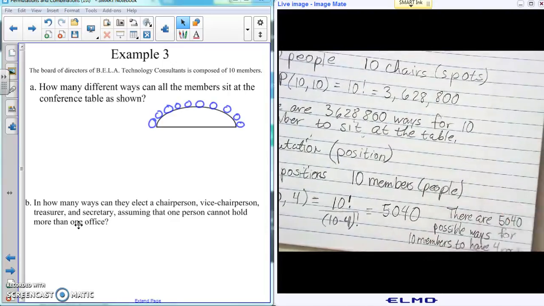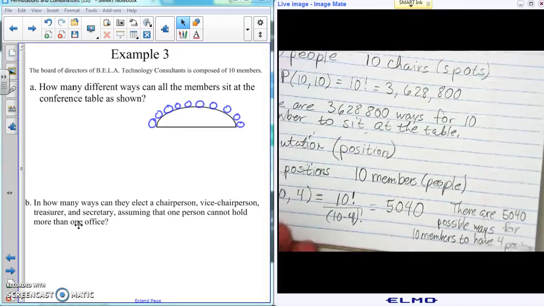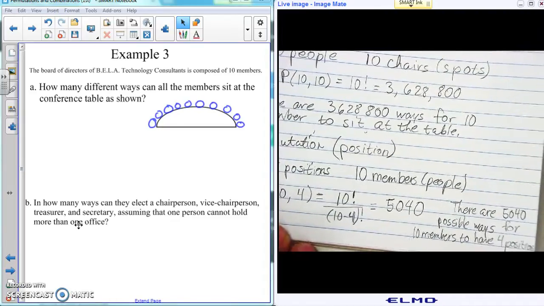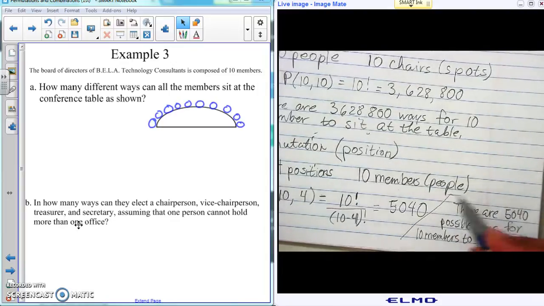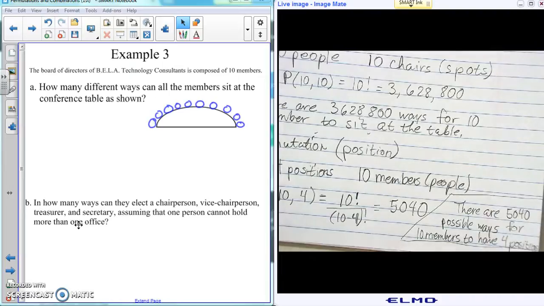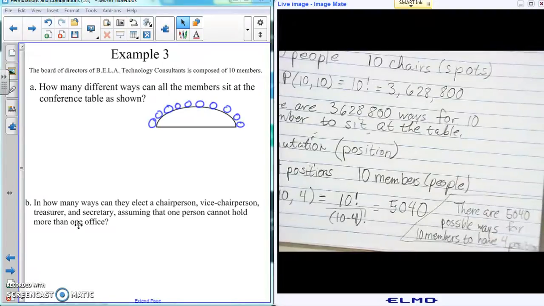So I said that there are 5,040 possible ways for 10 members to have 4 positions. That's all we're looking for. Later on, I'm going to show you how to put that in the calculator and find it faster, but just make sure you know how to do it this way.